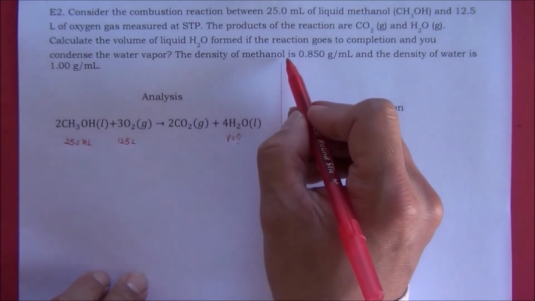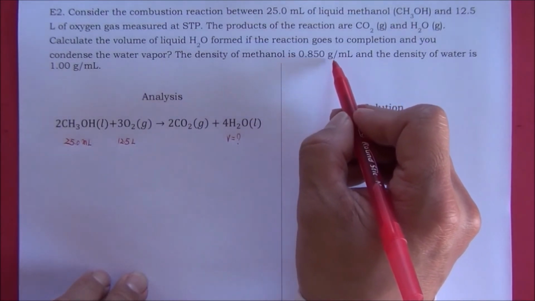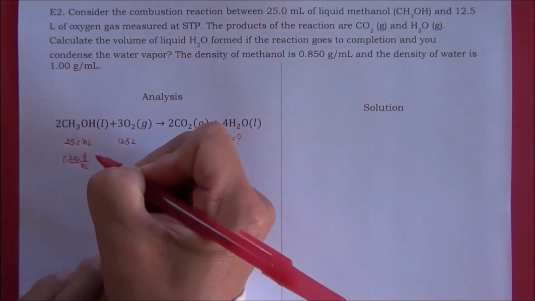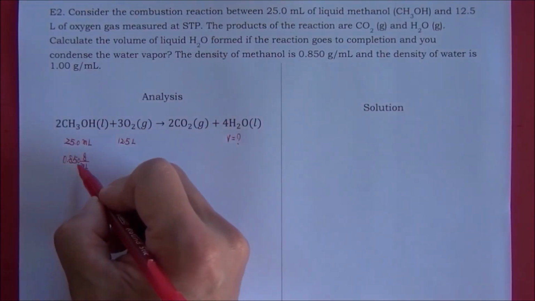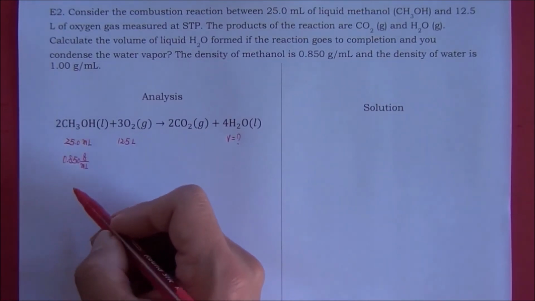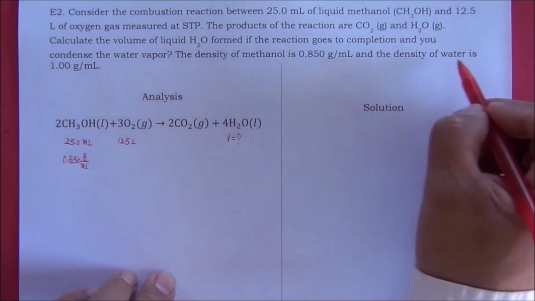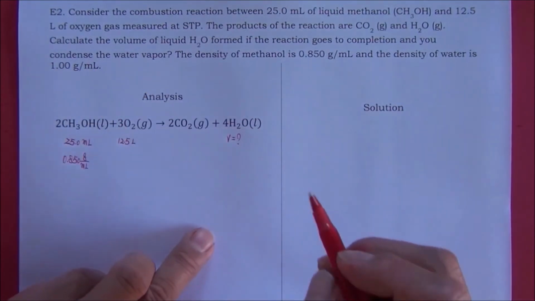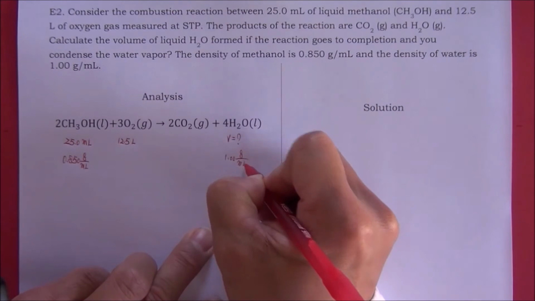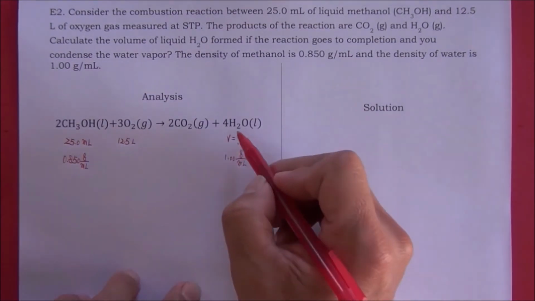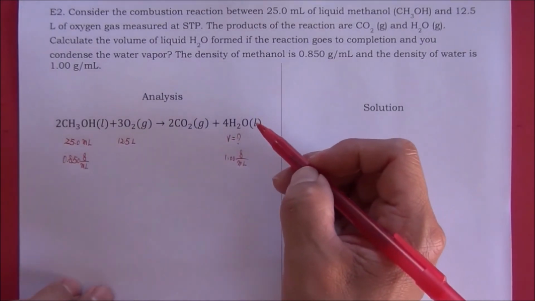The density of methanol is 0.850 gram per milliliter. I write down 0.850 gram per milliliter below methanol under the chemical equation. And the density of water is 1.00 gram per milliliter. I write down 1.00 gram per milliliter below water under the chemical equation.